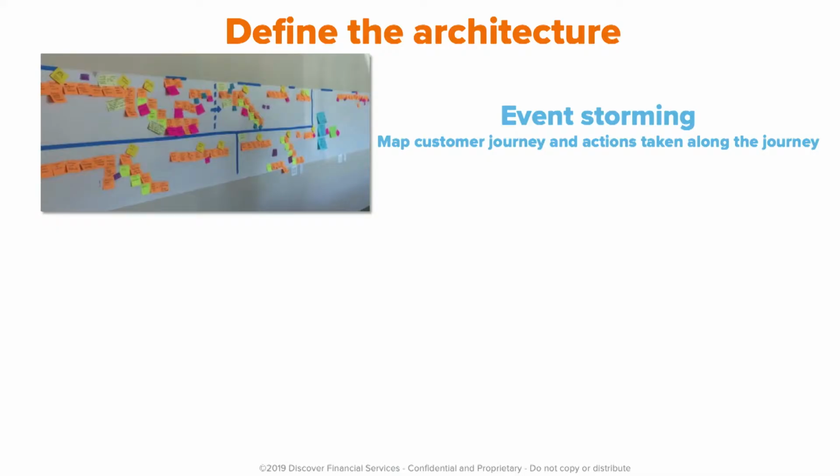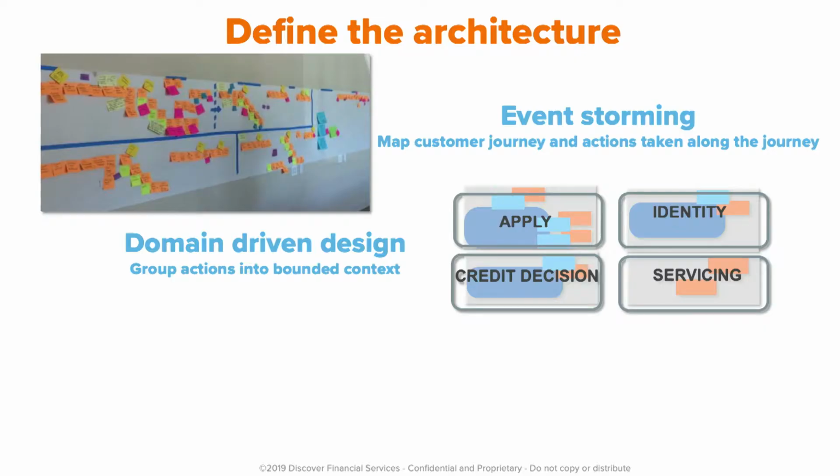But how do we go about defining an architecture that's evolutionary, that's going to adjust and adapt based on customer needs? The first thing we started with was an event storming session where we mapped out the entire customer journey from beginning to end when a customer comes to apply for a Discover Card.